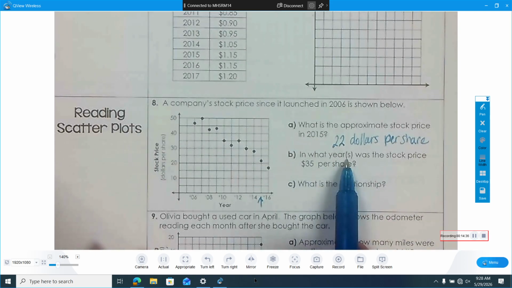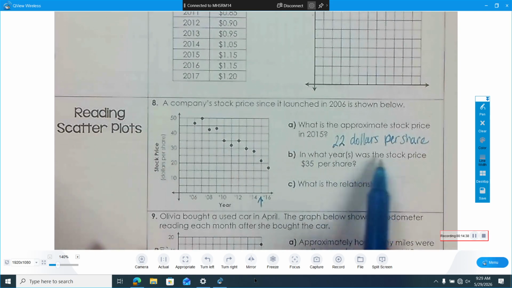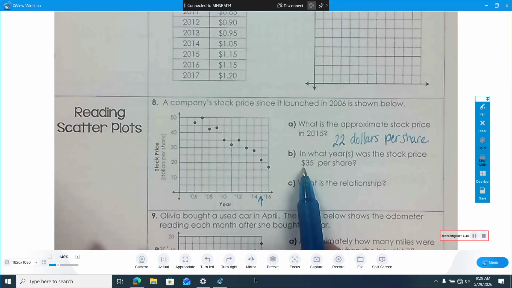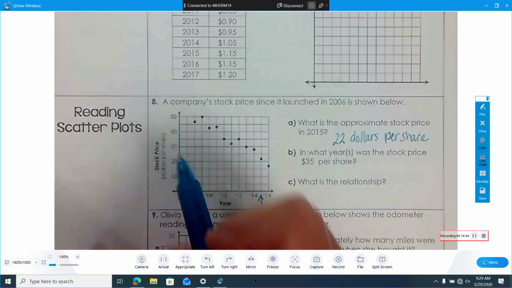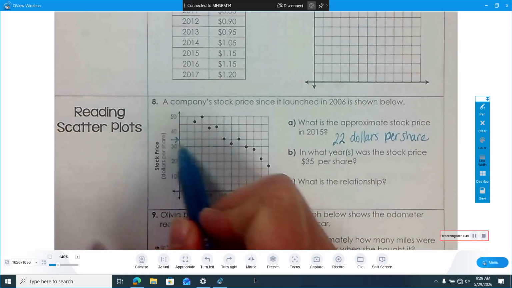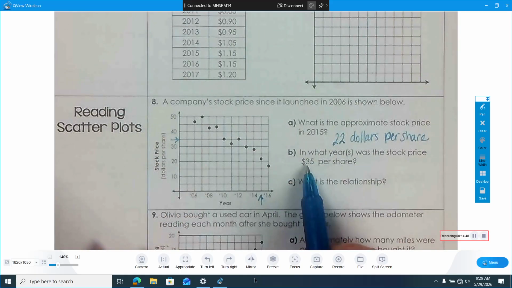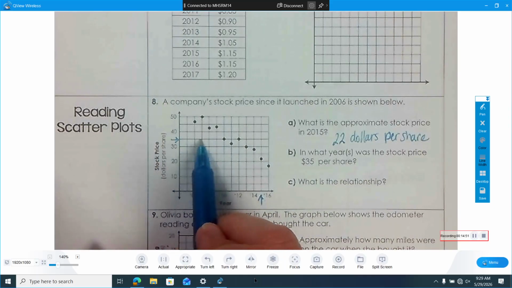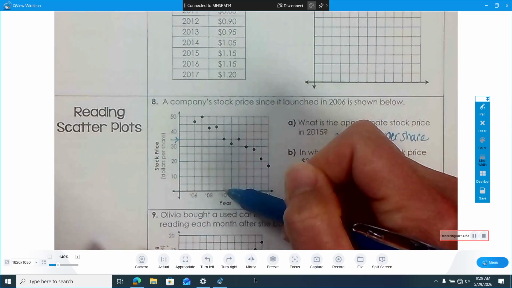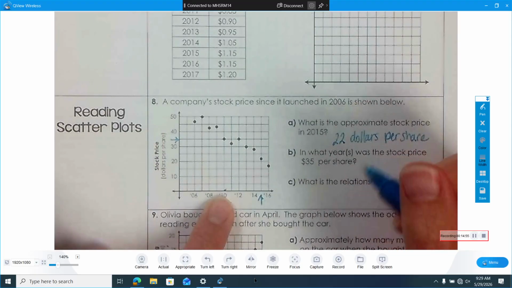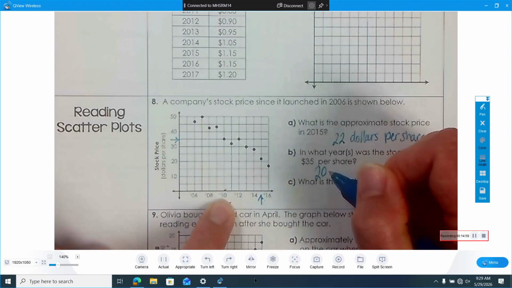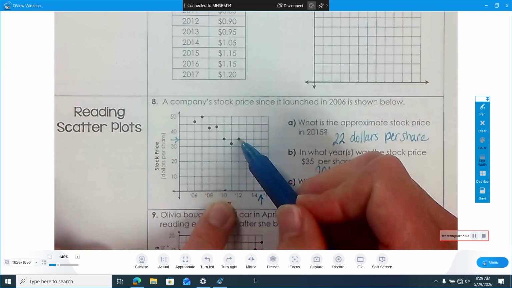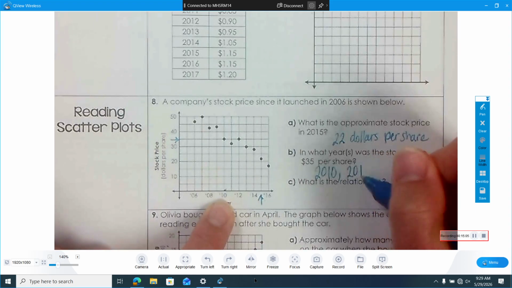In what year or years was the stock price $35 per share? Let's see. So 35 is right here. $35 per share would be on the y-axis, and you can see it in the year 2010 and 2012, very good.